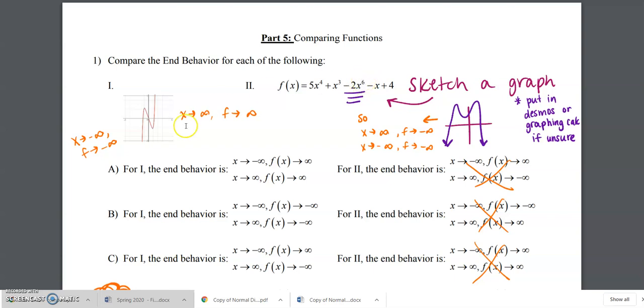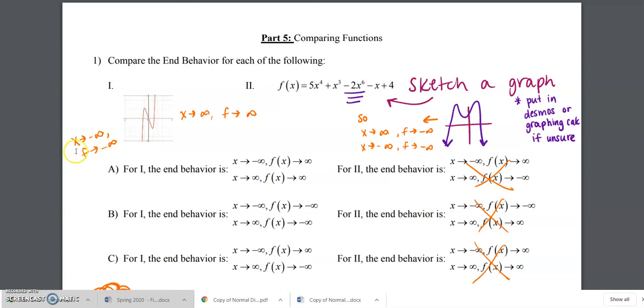So if we look at graph 1 first, what we're trying to figure out is, if we trace this function as we go this direction, keep in mind that this function is going down and to the left. We want to know, okay, as x is approaching negative infinity, what are our y values, or our f of x values, doing? In this case, they are going down.